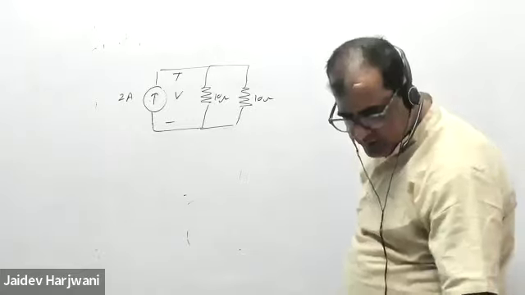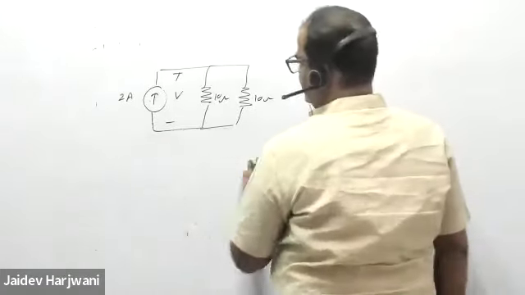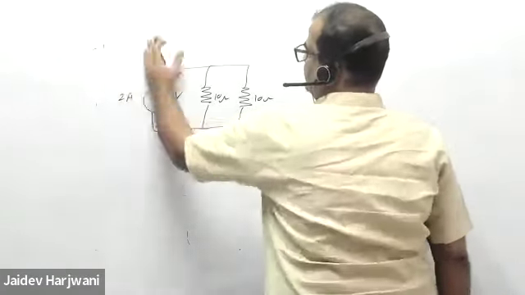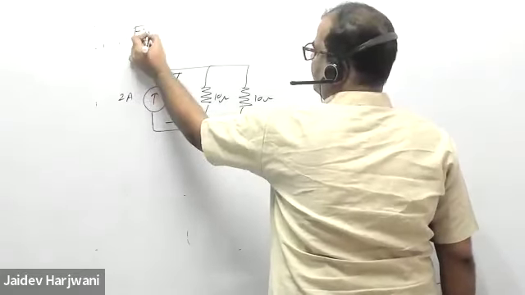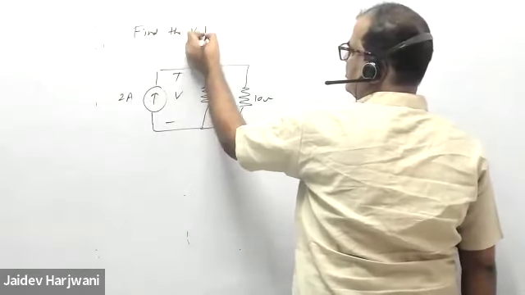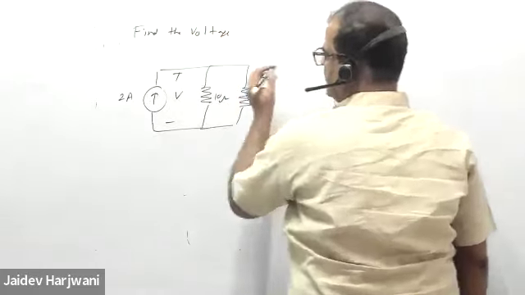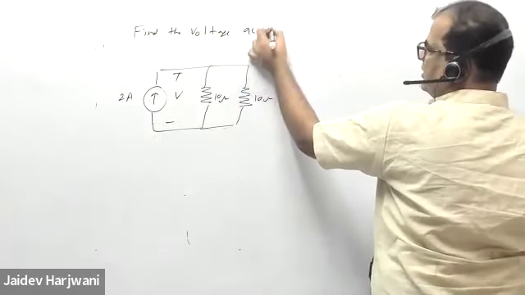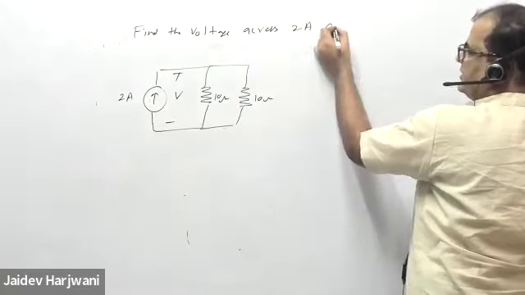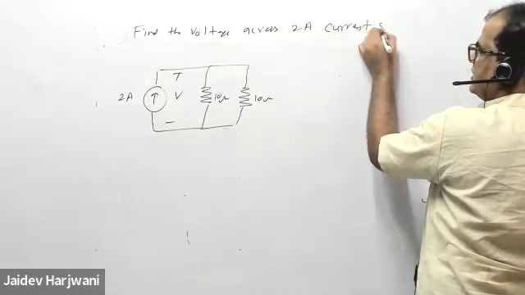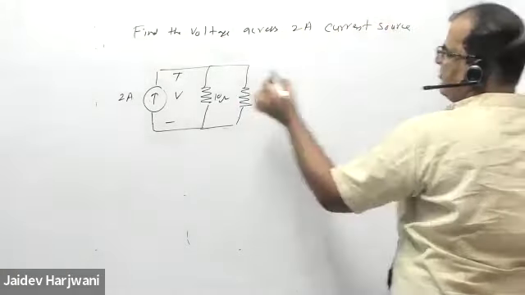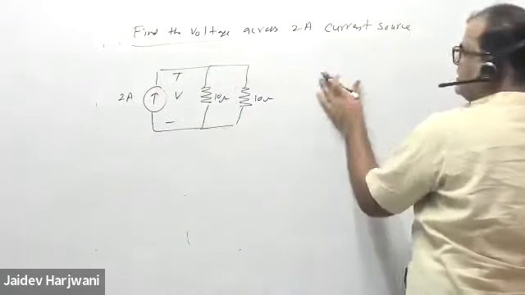Find the voltage across the 2 ampere current source.